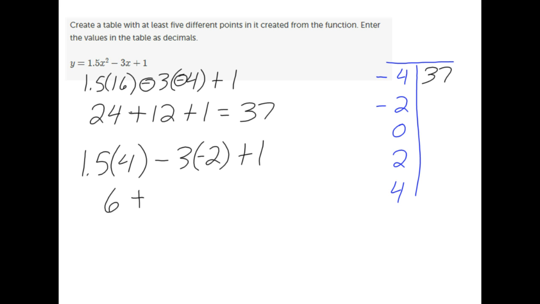Minus, actually that's going to be plus because a double negative makes positive, plus 6 plus 1, that is 13. When I put a 0 in, this is why 0 is so nice, you're going to get 0 minus 0 plus 1. Answer is 1.